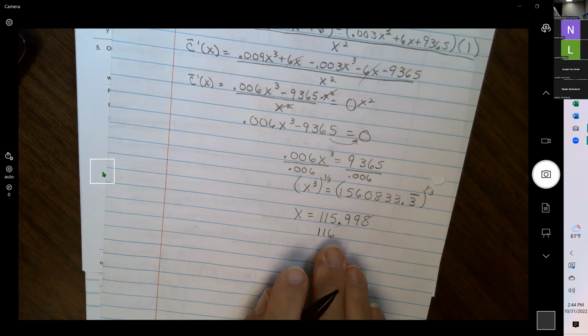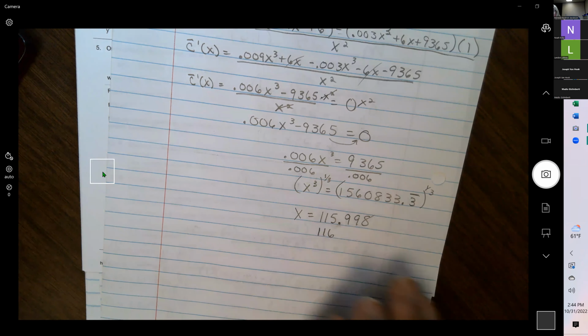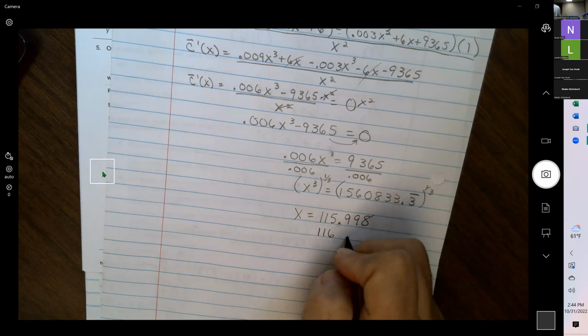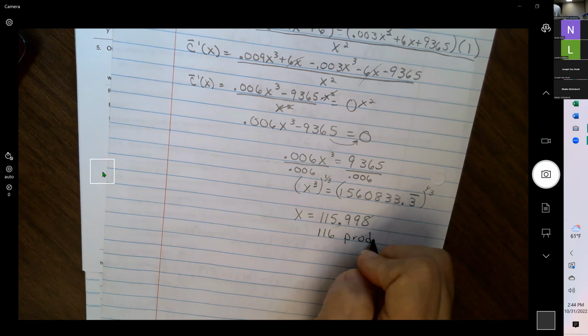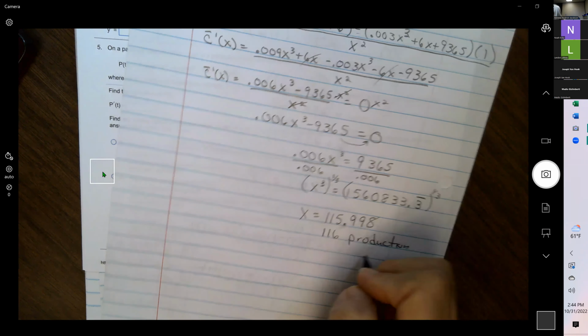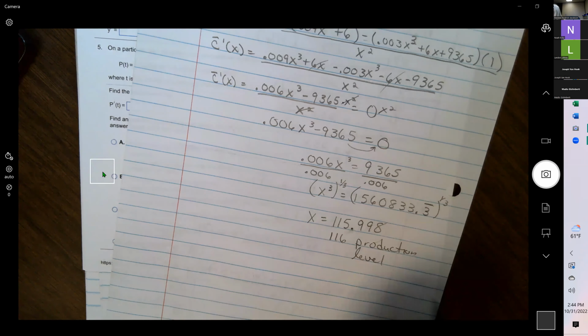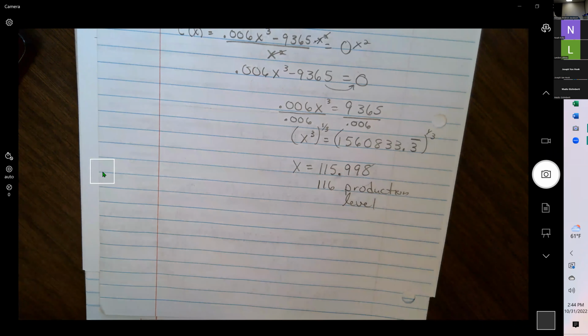So our production level is 116. Any questions on that?